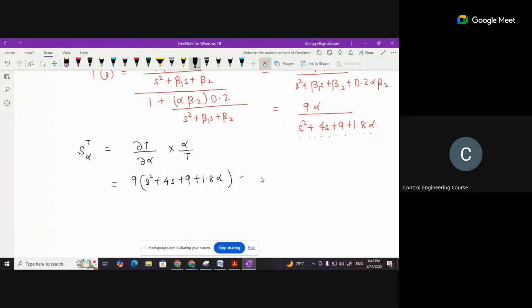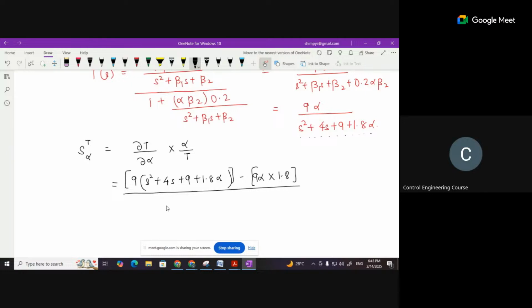Minus 9 alpha, and differentiating the denominator, this will become 0, and I'll be left with 1.8. Is it correct?